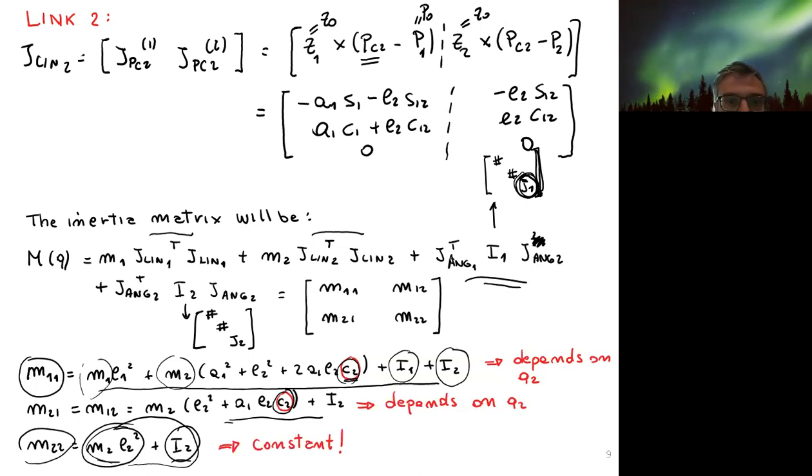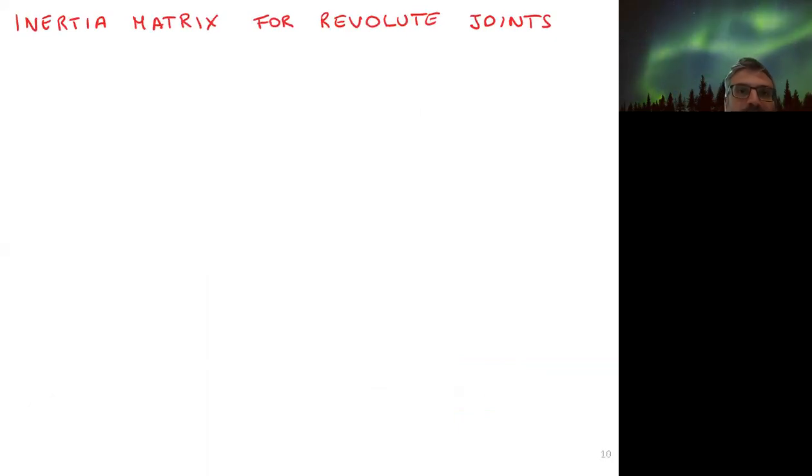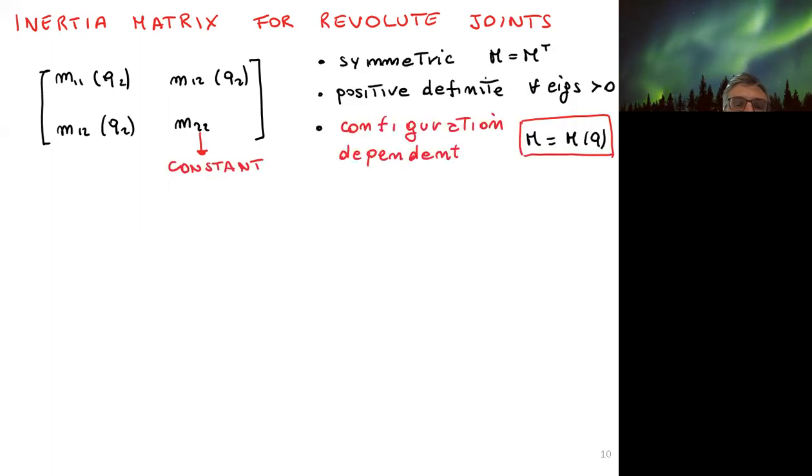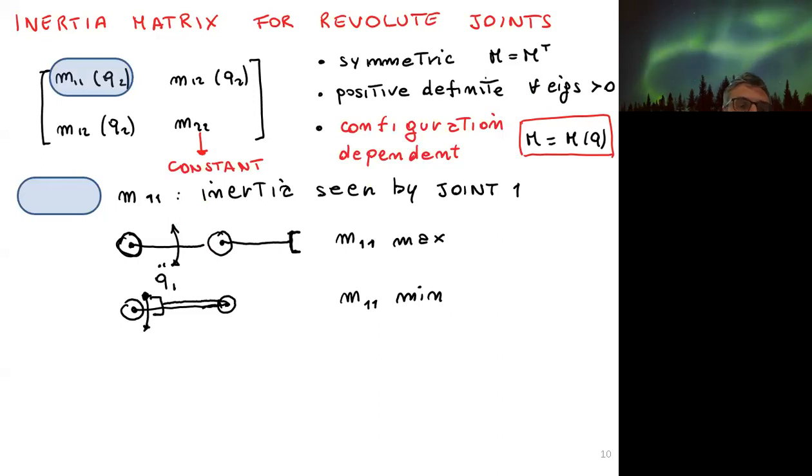Very good. We can do some very qualitative analysis. This is what we just said. This term is constant, the matrix is symmetric, positive definite, all the eigenvalues are bigger than 0. It's configuration dependent, but dependent only on Q2.